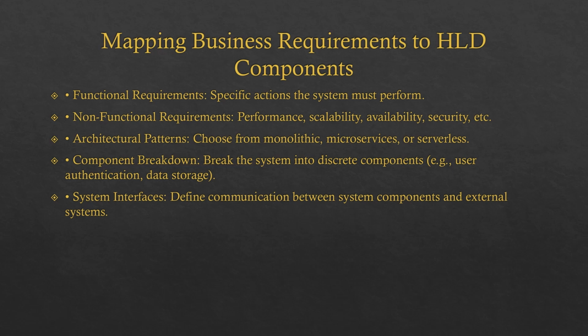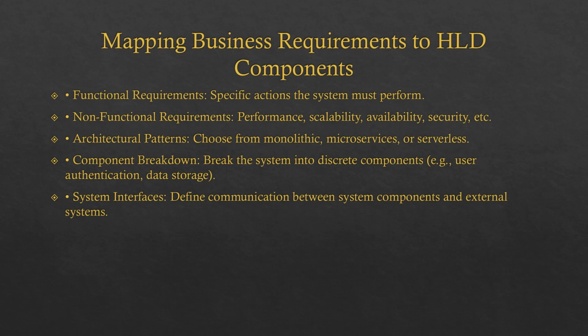First, let's look at how we map business requirements to HLD components. Business requirements often have two categories: functional and non-functional. Functional requirements focus on what the system should do, like processing payments or managing user accounts.